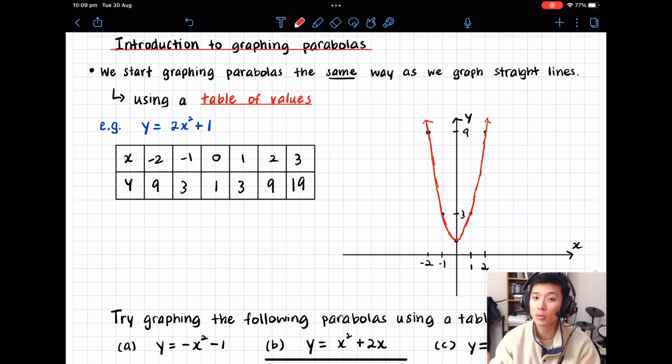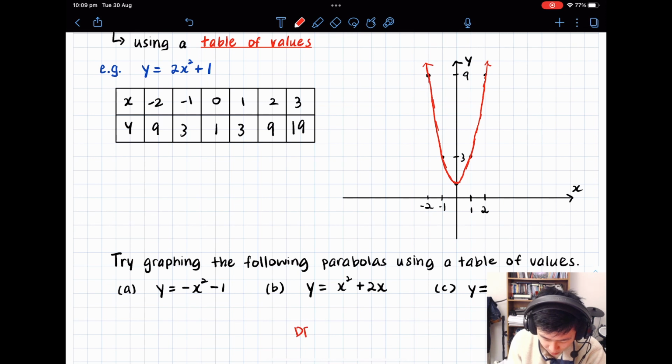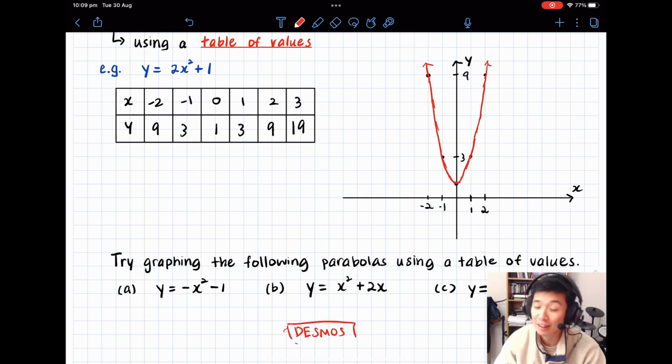You can always go back to using a table of values. I've got 3 equations there, and I want you to have a go. If you want to check your answer, you can always go to Desmos and type your equations in and check if you've graphed it correctly.